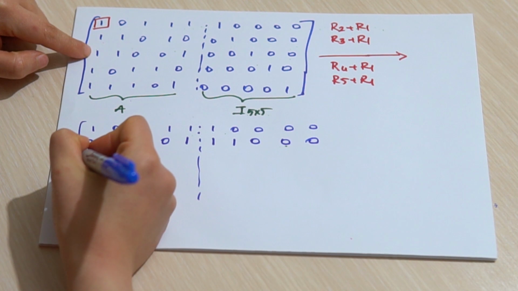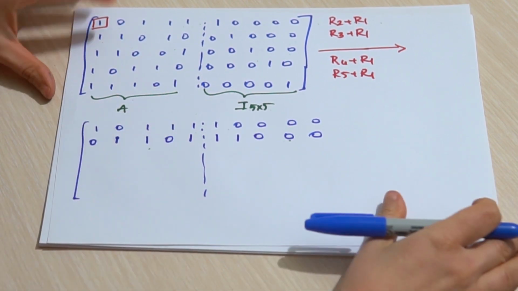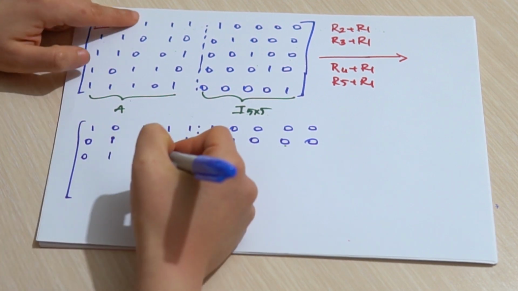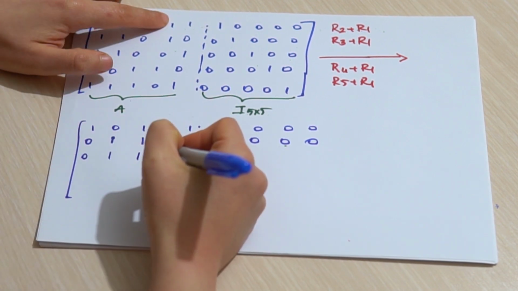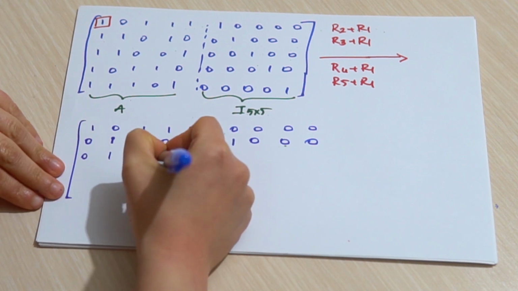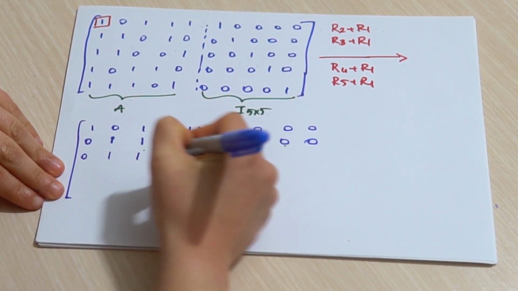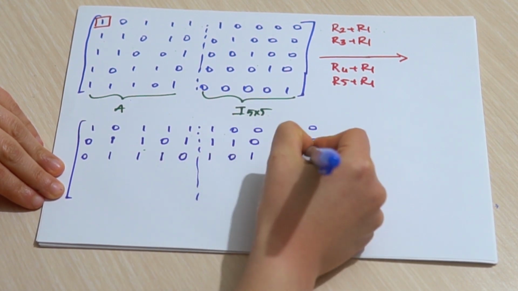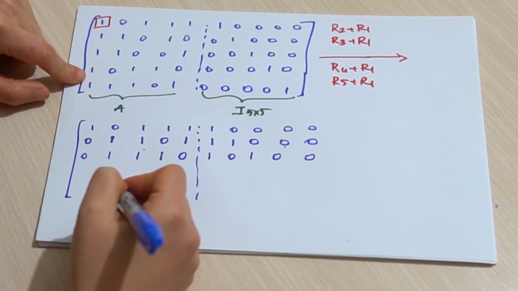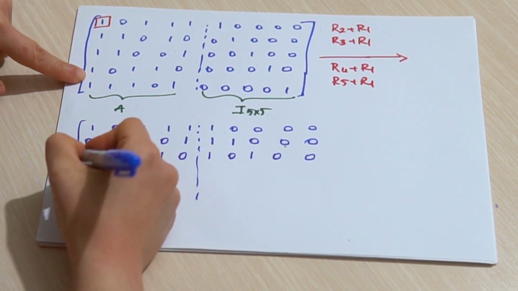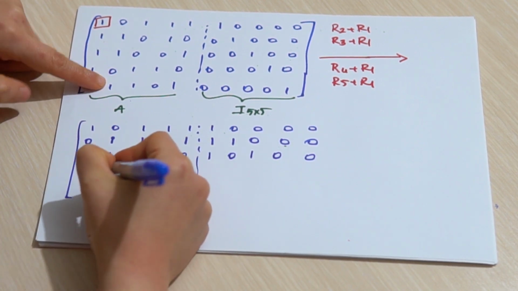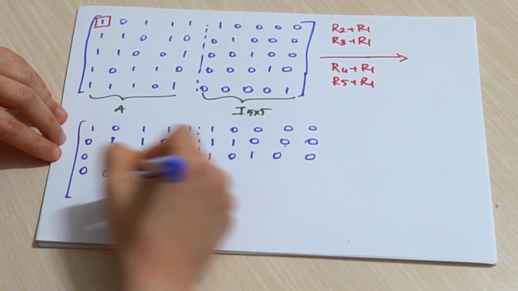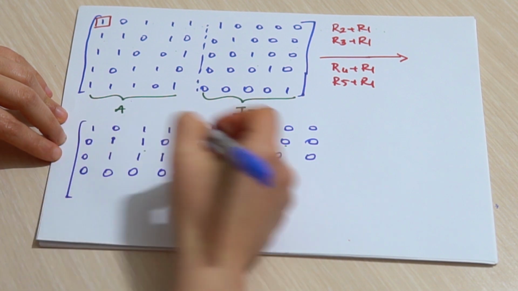Let's look at row 1 plus row 3. 1 plus 1, 0. 0 plus 1 is 1. 1 plus 0 is 1. 1 plus 0 is 1. 1 plus 1 is 0. On the side we have 1, 0, 1, 0, 0. Let's look at row 4 plus row 1. 0, 0. 1 plus 1, 0. 1 plus 1, 0. 1.